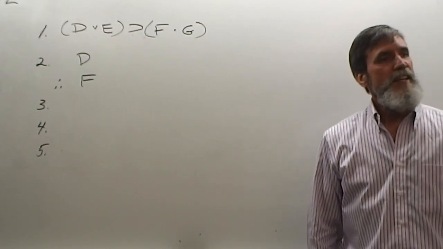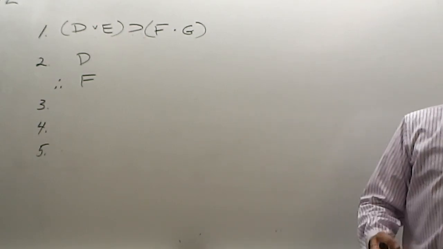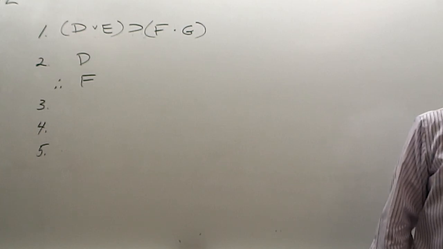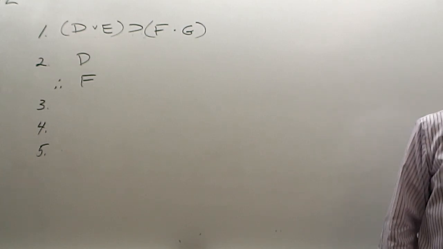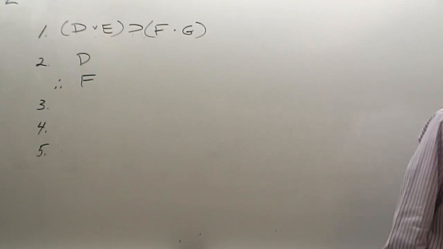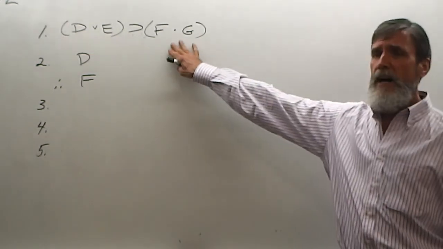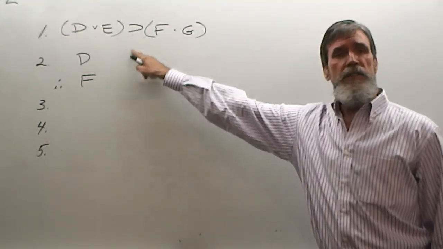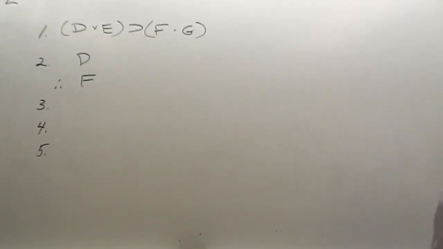Right? But obviously, 2 things have to happen prior to that. It's a 3-step proof. The last step is simplification. But that dot is trapped in a larger statement. So you have 2 steps to get it out of there.